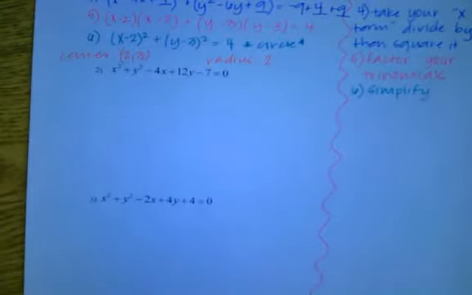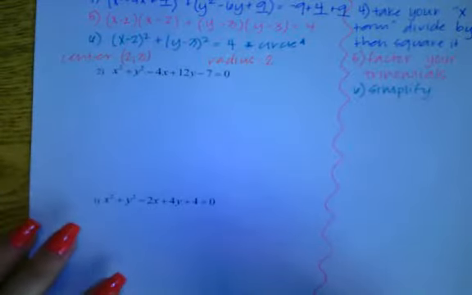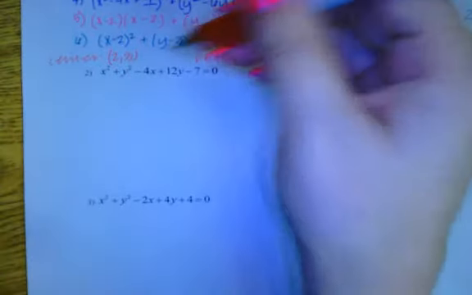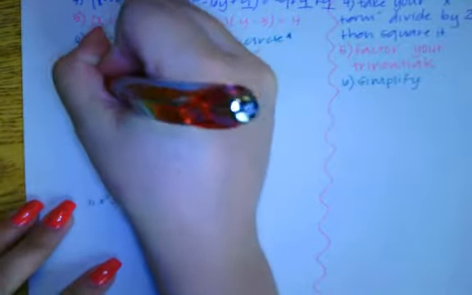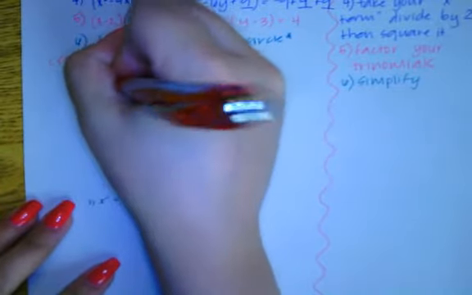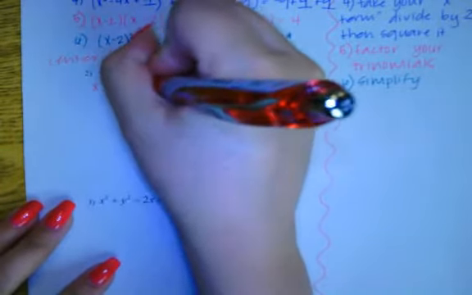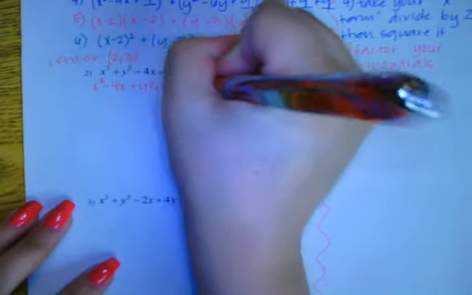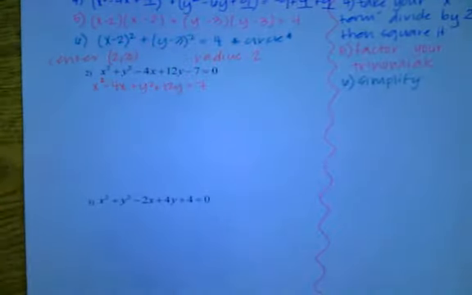Okay. So number 2, what's the first thing that you need to do? Don't read me the step, tell me what to do in the problem. Move 7. Okay, I'm also going to move my terms already. That way, I just saved a step and saved some space. So I put my x's together, put my y's together, and move my constant over.